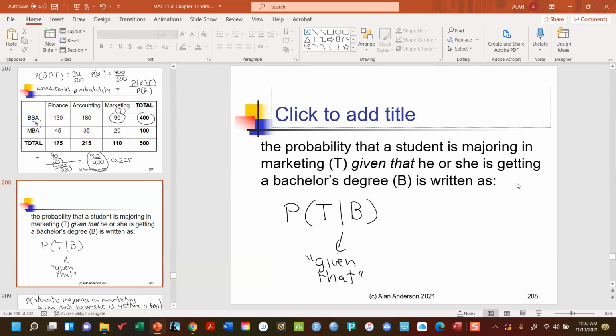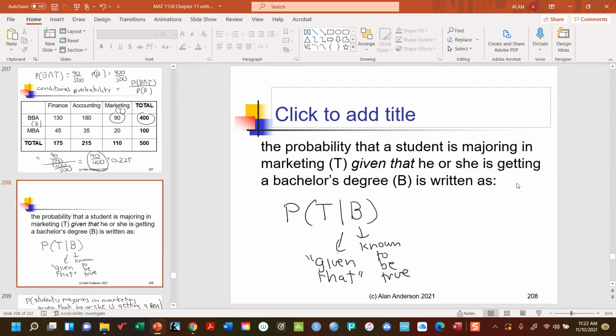So in other words, we're saying here that the information we know is the B. With that information in hand, we want to know the probability that T is true, getting a bachelor's degree in marketing. So this is how it's written.